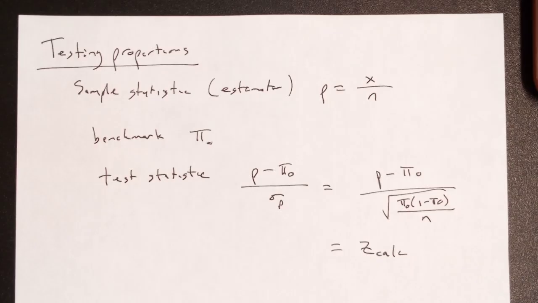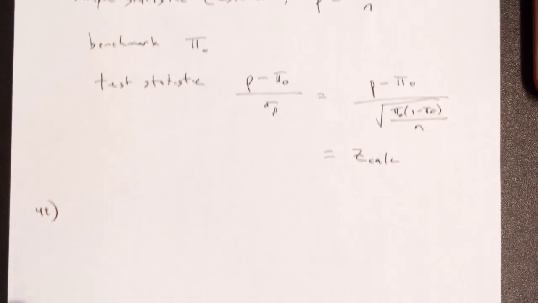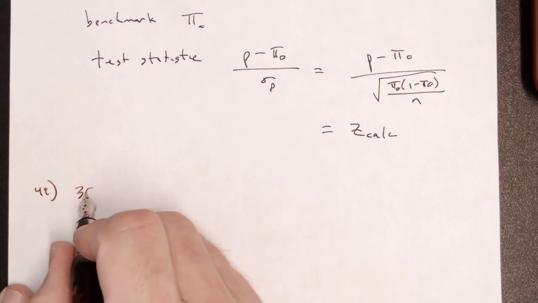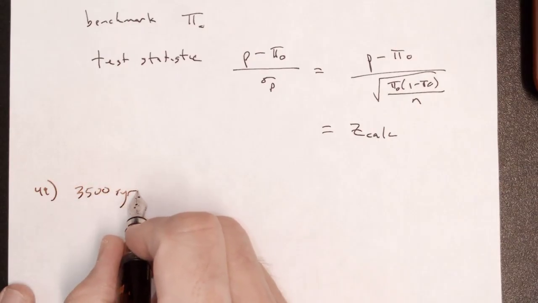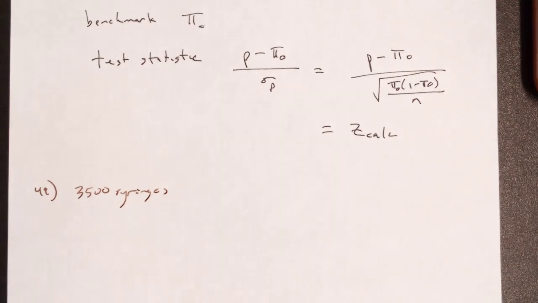Page 345, problem number 49. A hospital receives 3,500 syringes to deliver insulin. Now, I don't know how many of you know this, but people who take insulin have to shoot themselves up rather frequently, and they use really thin needles.